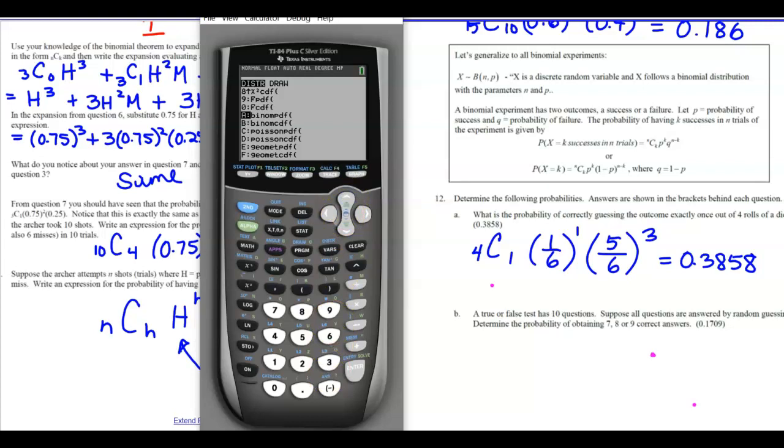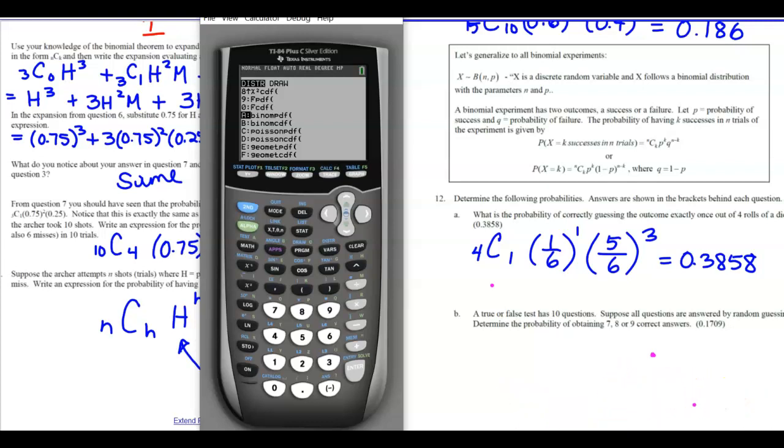Binom means binomial distribution. The C is cumulative, so if you're finding 0, 1, 2, that's cumulative. You can get the calculator to do it a little bit faster than doing it separately.